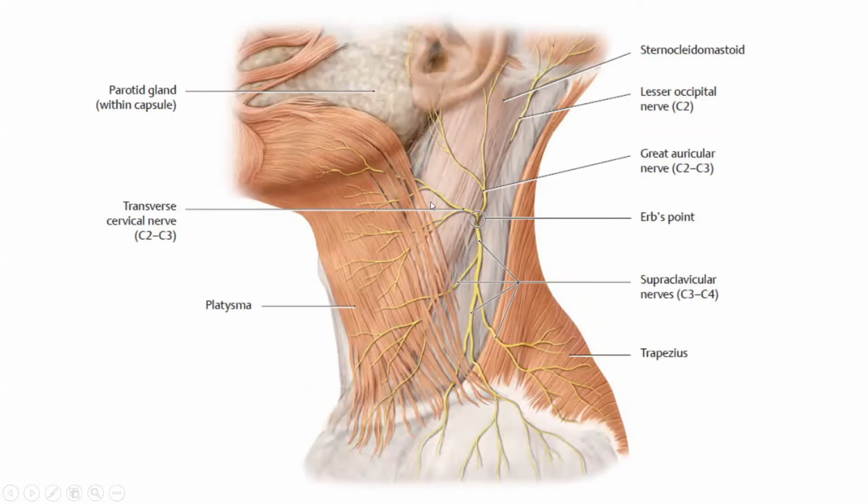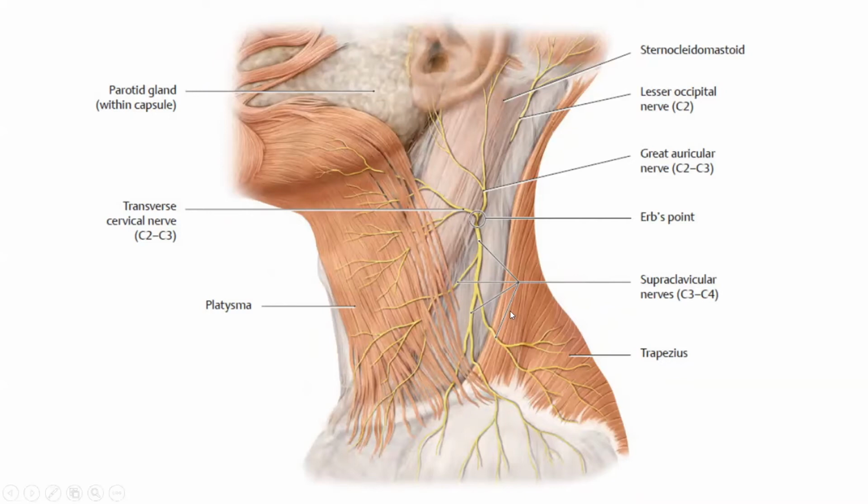The superior branch is supplying the skin of the suprahyoid region, and the inferior branch is innervating the skin of the infrahyoid region. So those are the important nerves that have a communication with the motoric branch of the parotid plexus that I'm going to discuss, and they make the superficial ansa cervicalis.